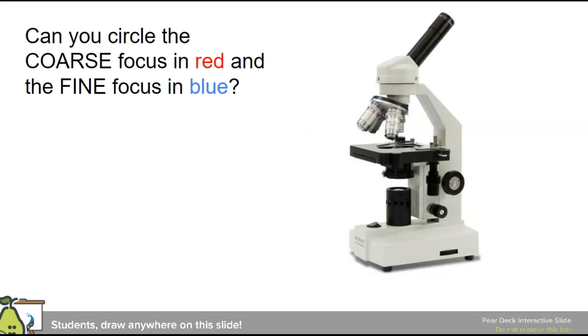So we have 2 different knobs here. Coarse focus and fine focus. If I have coarse sand, it means it's really big pieces of sand. If I have fine sand, it's really, really tiny. So coarse is focusing it kind of on a big level, and fine is focusing it on a little level.